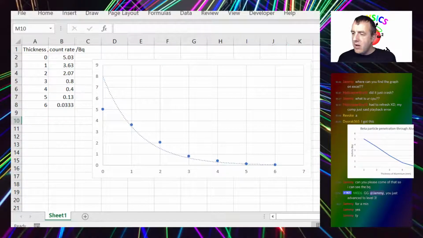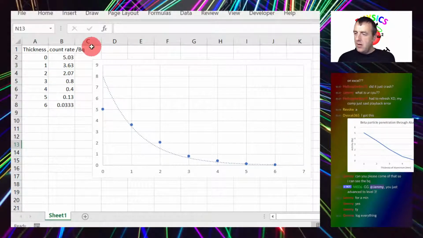So that's about as far as it would get at GCSE level. Now at A level, we would have to confirm this is the case. So A level students, what would I do to this data to turn that into a straight line? That's it.